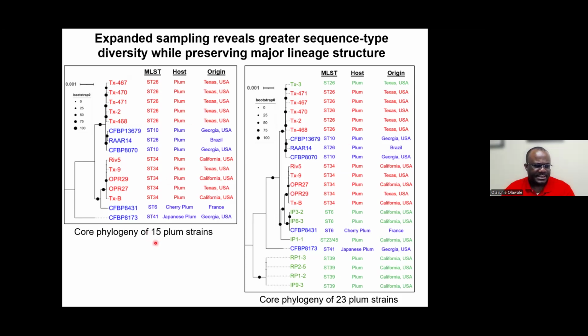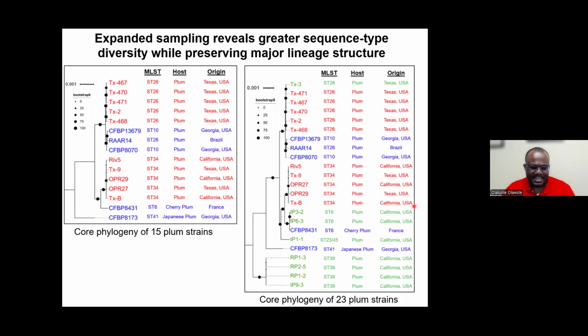So if you look at the left here, this was with 15 isolates, and we were able to retrieve additional isolates that are in green. This was an additional 8 that we were able to add, and this included 7 from California and 1 from Texas.